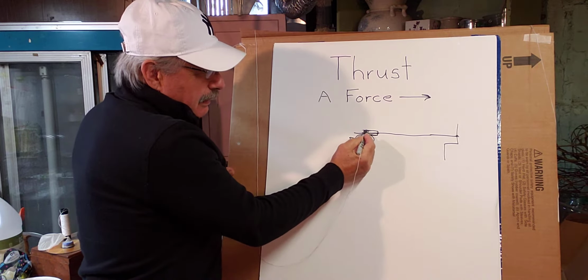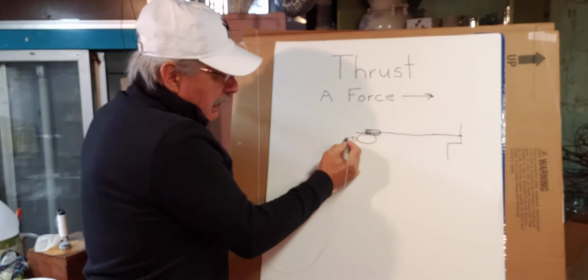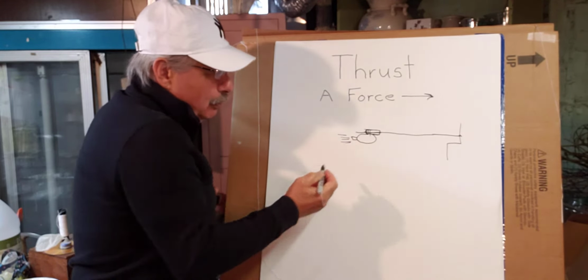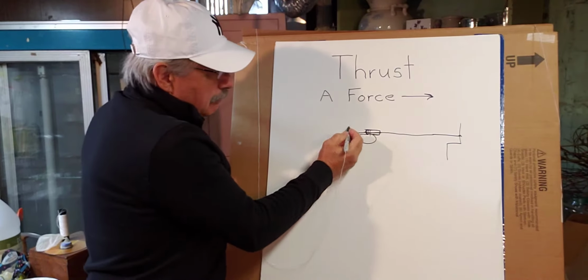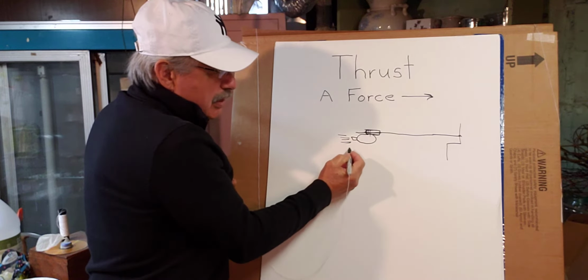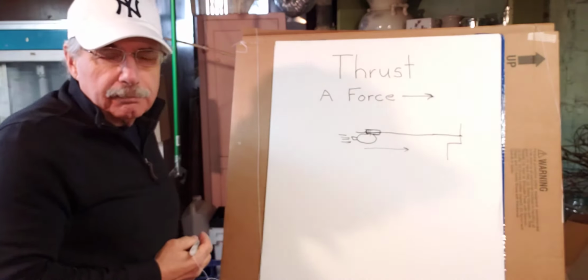I am going to blow the balloon up, and out the back of the balloon, when I let go of it, will be the thrust. The thrust is a force that's going to push this balloon in the direction of the chair.